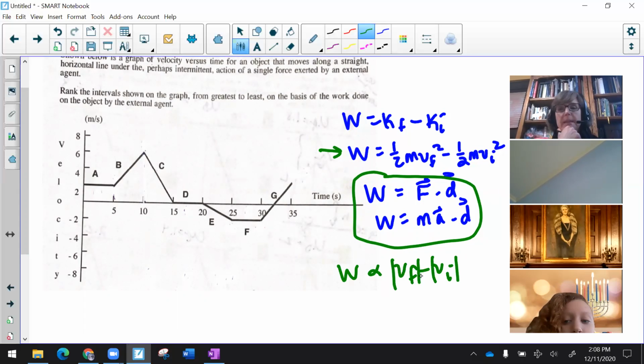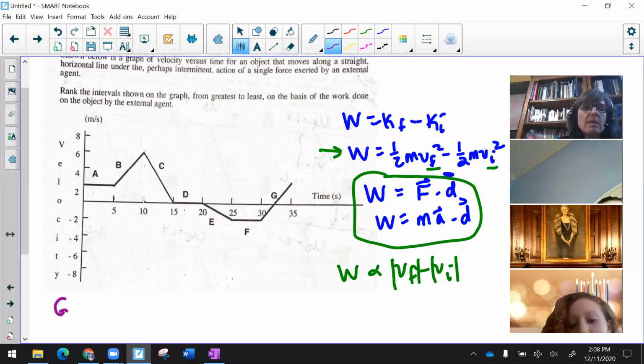Or you could square them, either way. Oh, I didn't do the absolute values. Well, remember that when you're looking at this equation, those velocities are squared. Right. Okay. So I think that's what I did. I just looked at the final and the initial values.